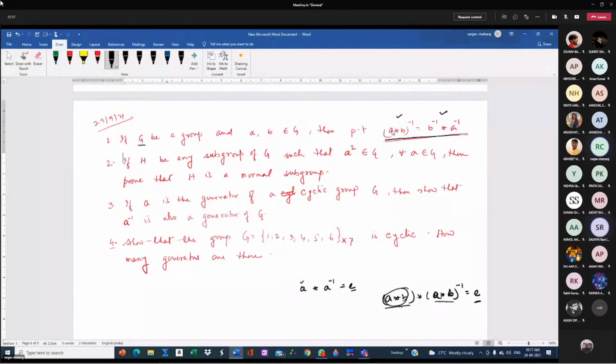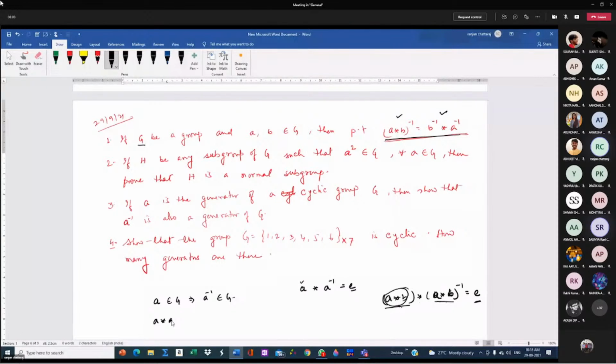Sir, can you please explain once more? Suppose A is any element belonging to G. This implies A inverse also belongs to G because G is a group. And A asterisk A inverse also belongs to G by closure property.